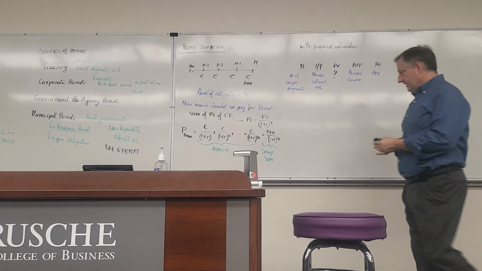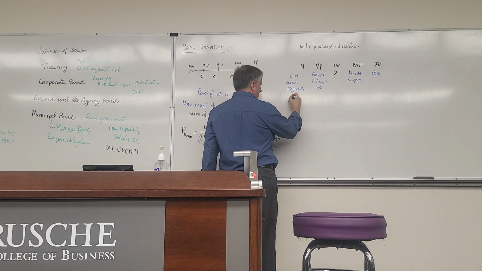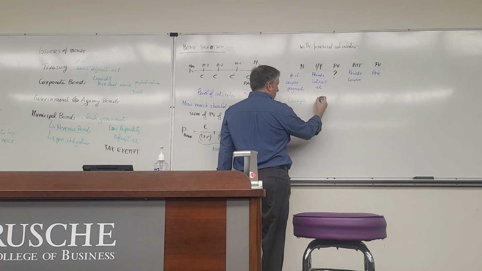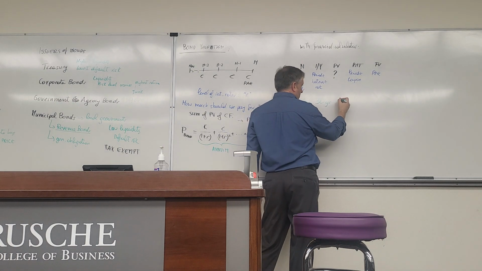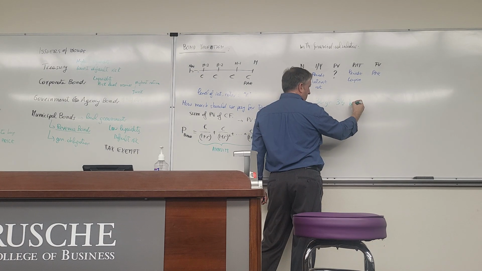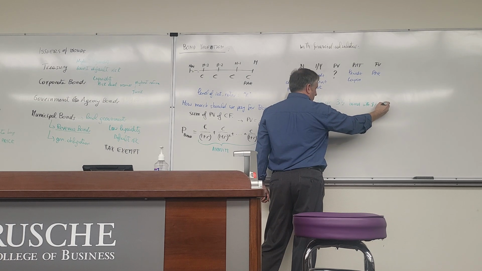So let's try one example. You're dealing with a 30-year, 3.5 coupon bond with $1,000 par.